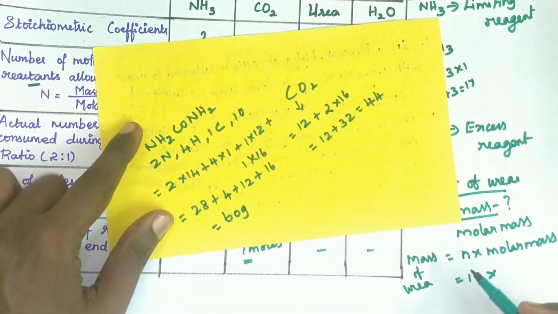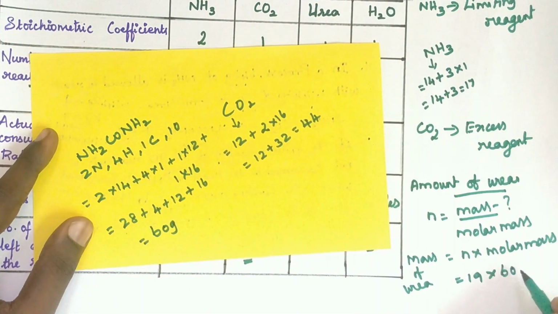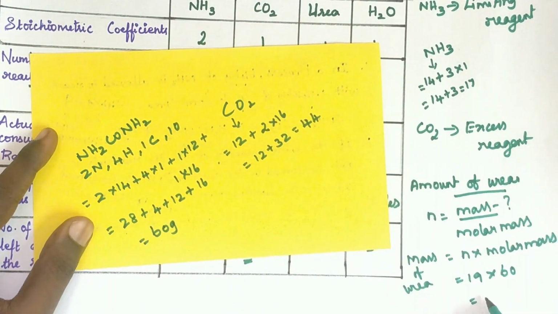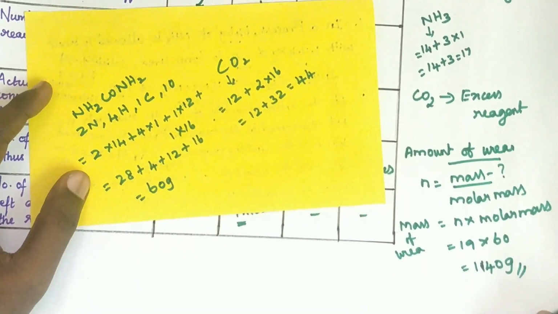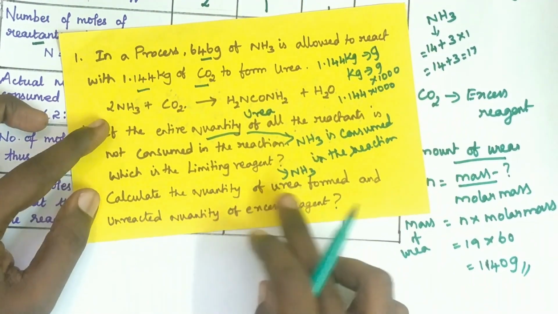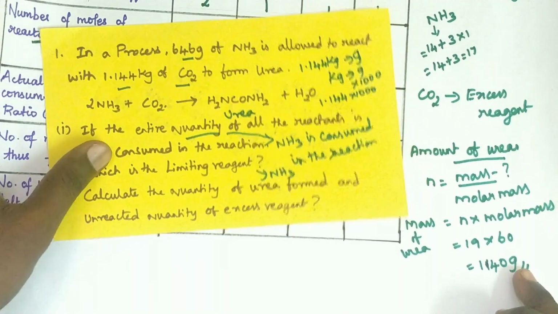So the molar mass is 60. So 19 into 60, when you multiply, we get 1140 grams. This is the amount of urea formed during the reaction.